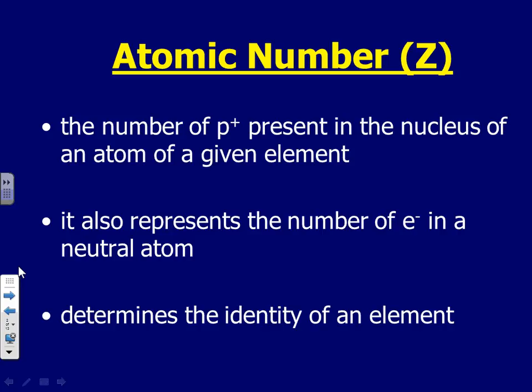And so therefore, it identifies the element. You can see that in the last bullet. I talked briefly a couple of lessons ago how Mr. Vandenbroek changed the periodic table so that it was ordered in atomic number.